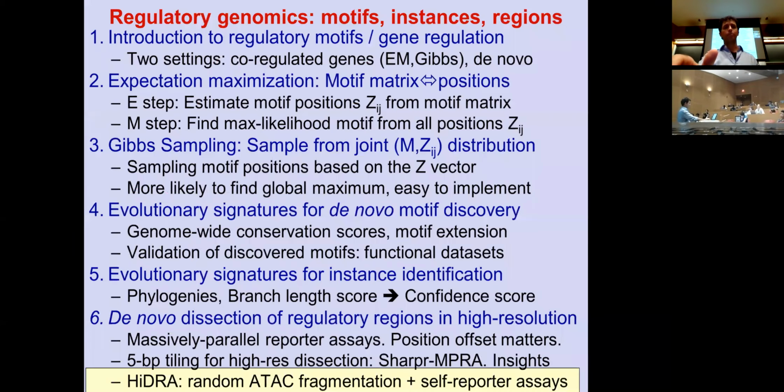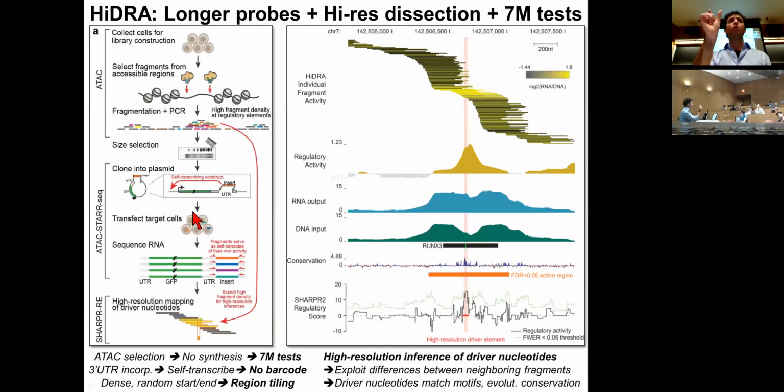The last thing that I'm going to talk about is a little crazy. We basically said, why test 15,000 regions at a time if you could test 7 million fragments at a time. So what we did is, instead of generating a microarray, we simply cut out accessible regions using an ATAC-seq experiment, the same thing that we learned in the epigenomic lecture.